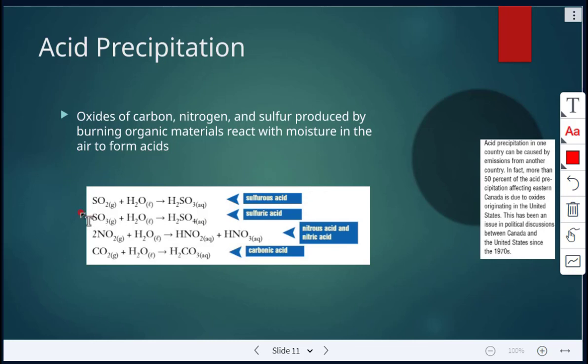Sulfur trioxide reacting with water produces sulfuric acid. Nitrogen dioxide forms nitrous acid and nitric acid. And carbon dioxide reacts with water in the air to form carbonic acid. So these are different types of acids forming from the burning of organic materials.